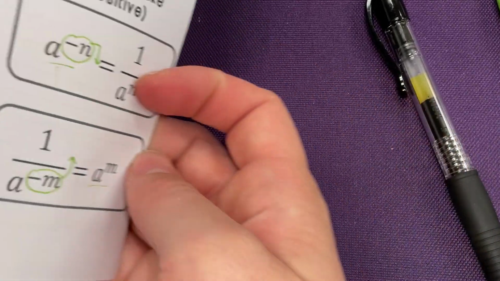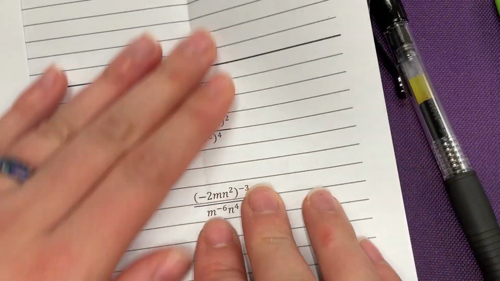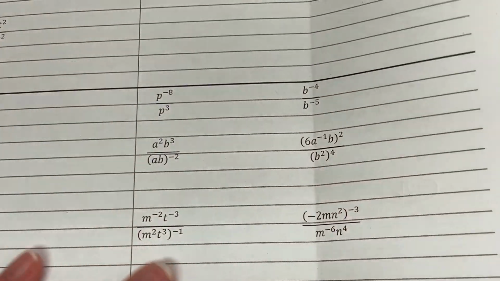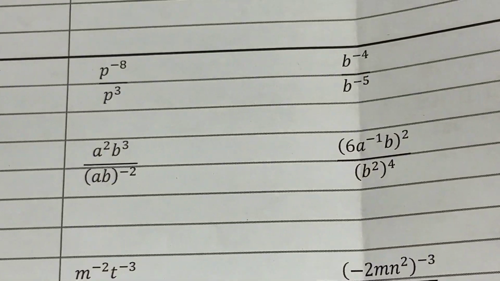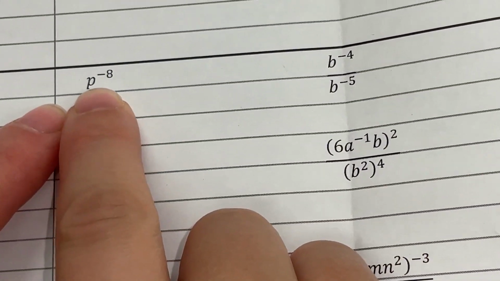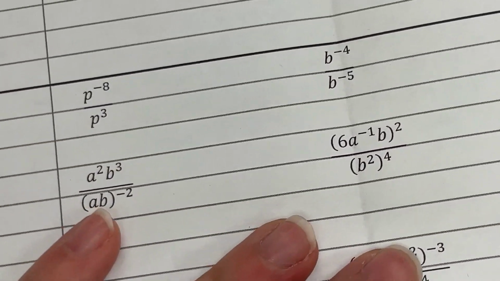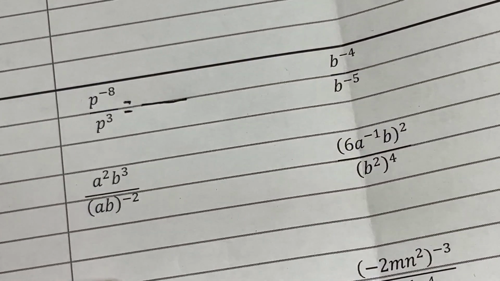Now let's start with negative exponents. All right, so we have p to the negative 8 over p to the 3rd. I'm going to keep my fraction bar here. This needs to move to the bottom.